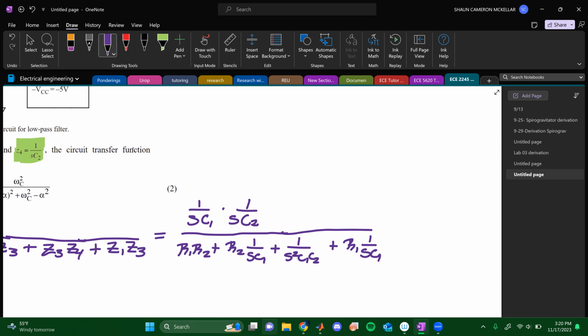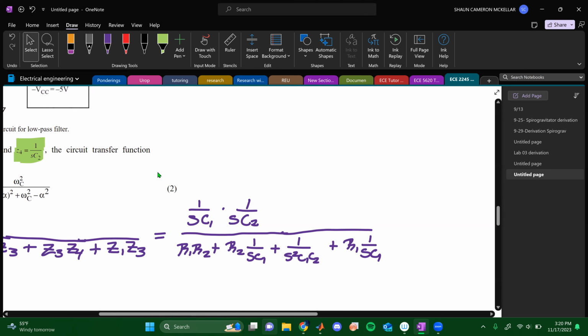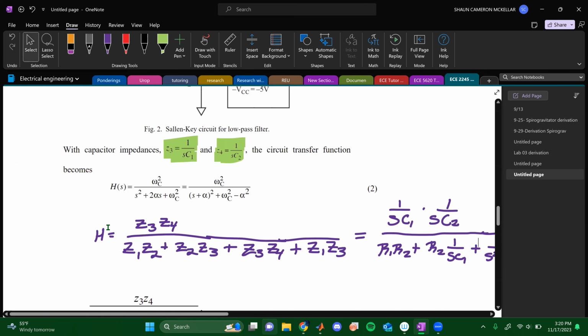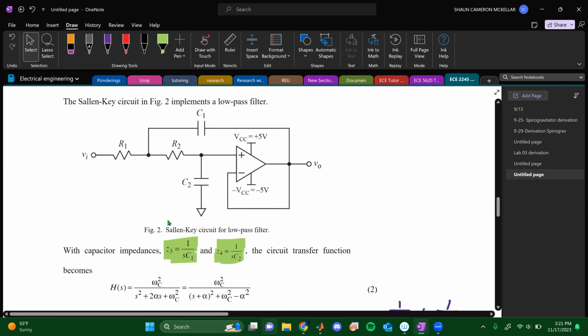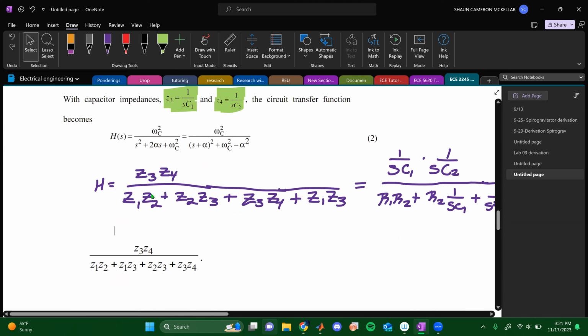So there's a few things I'd like to point out at this juncture. The first thing is kind of cool: notice that this function we came up with for H contains one impedance term for every part of the circuit. So it handles all of these components 1, 2, 3, and 4. There's a term for every component.